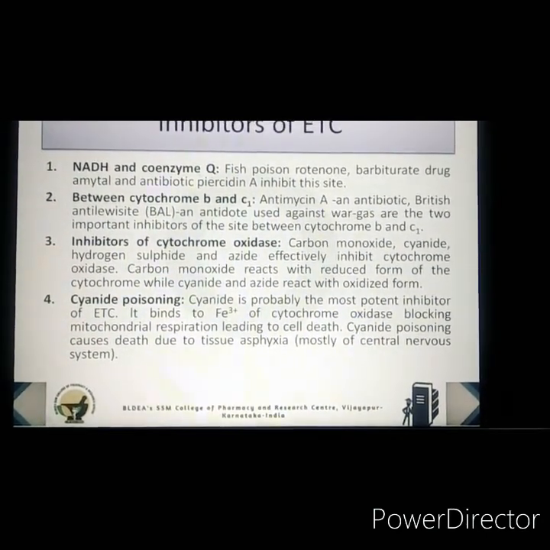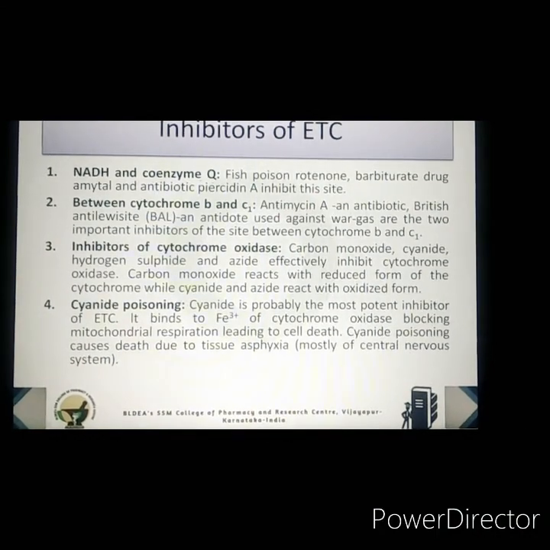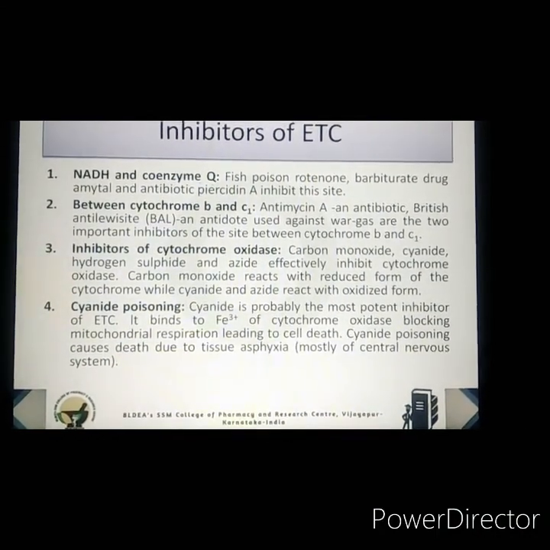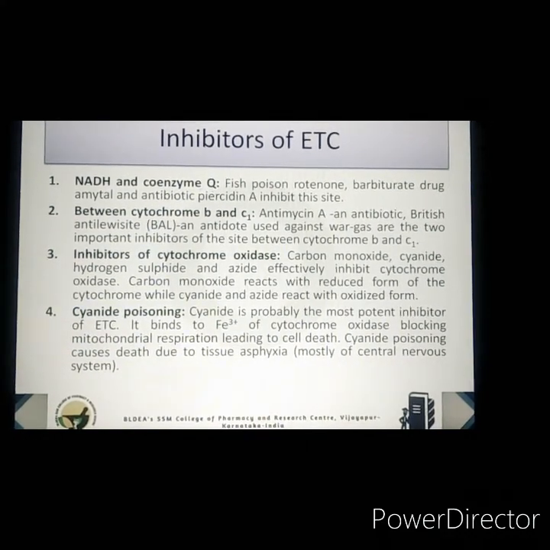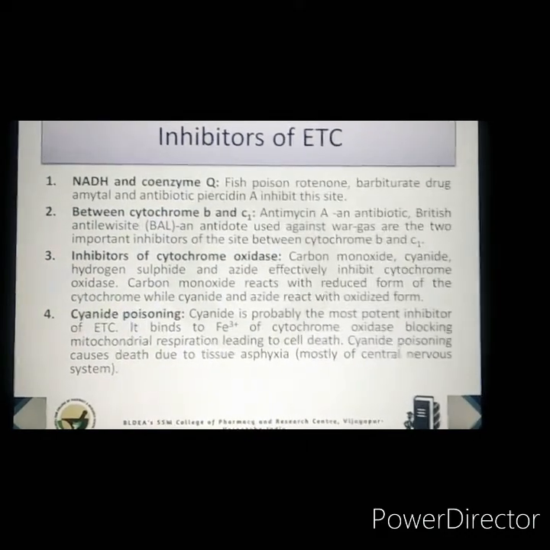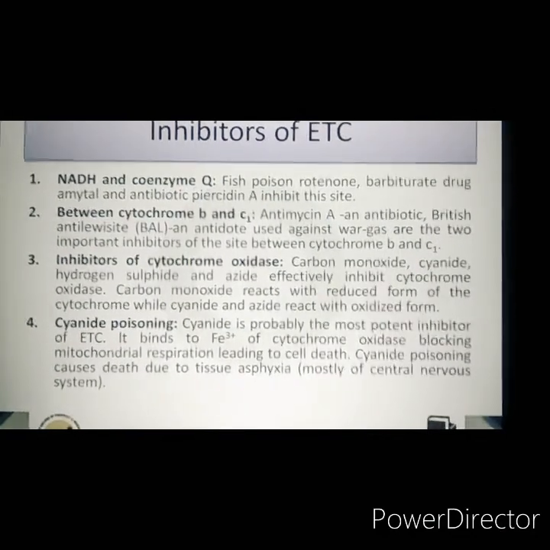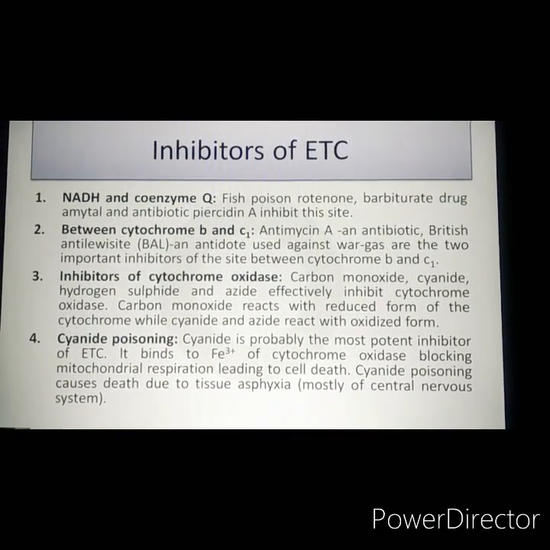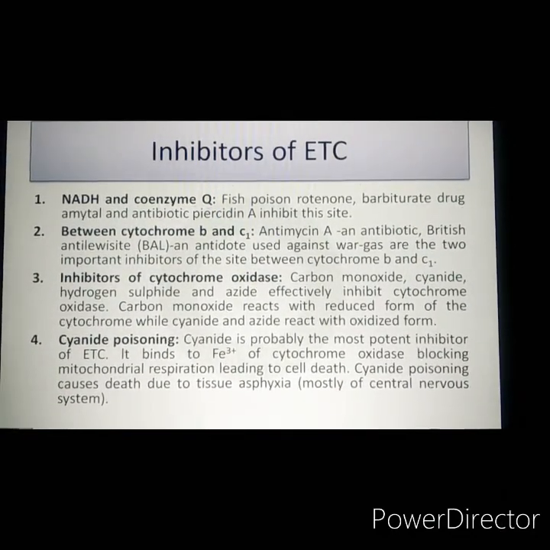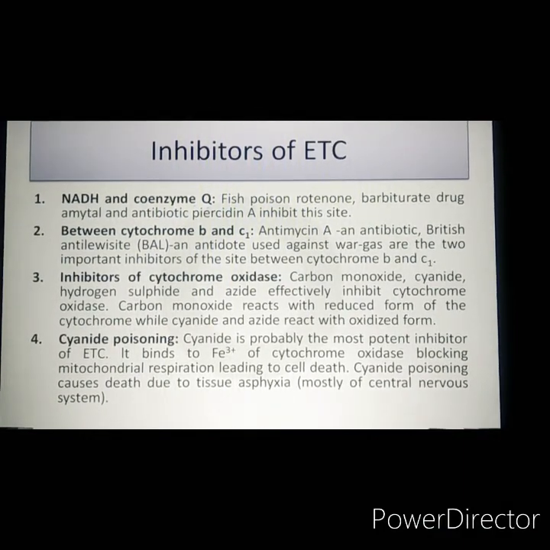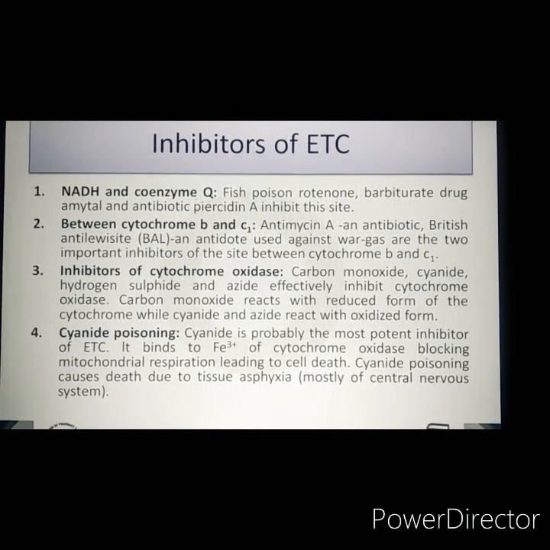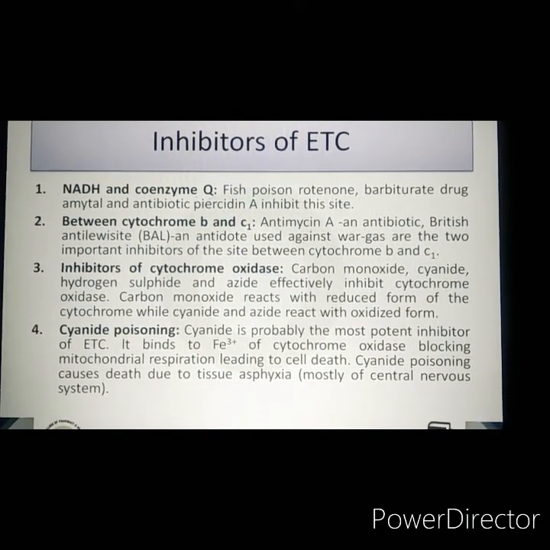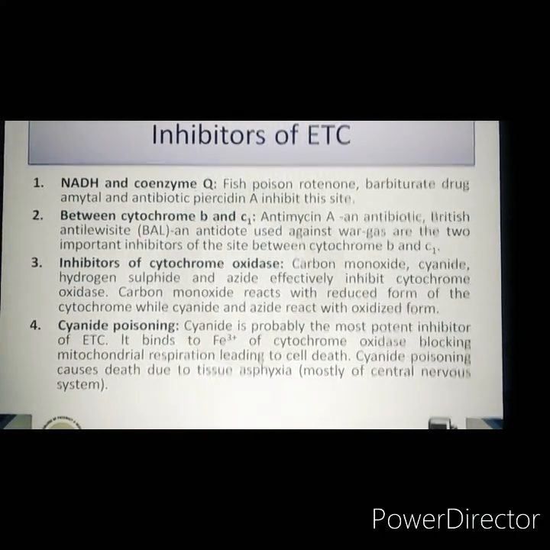So now that complex is not available for transfer of electrons as well as protons, and there is no reduction of oxygen to water. The energy that is being released will not be available for transfer of protons from the matrix to the intermembrane space. So this is how carbon monoxide behaves as an inhibitor of the electron transport chain.